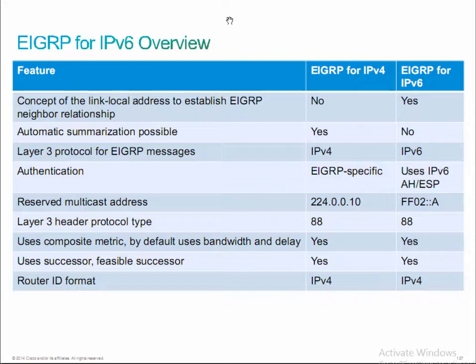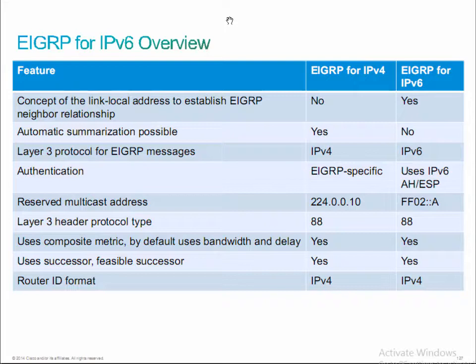As far as the metric goes, and all of the other concepts that we talked about, feasible distance, feasible successor, the feasibility condition, the idea of variance to do unequal cost load balancing, maximum paths, all of those concepts are identical in both EIGRP for IPv4 and IPv6.